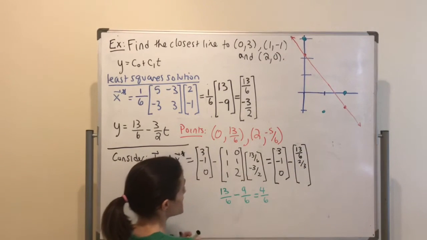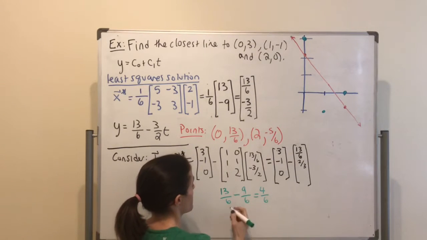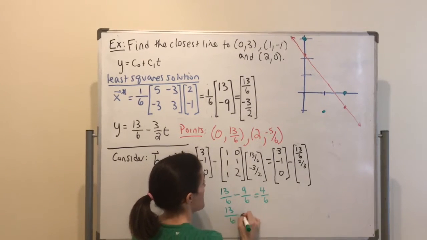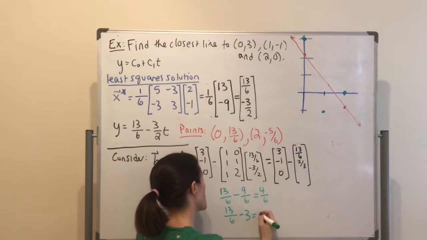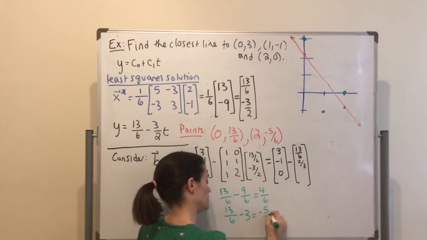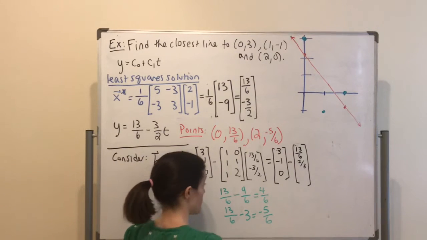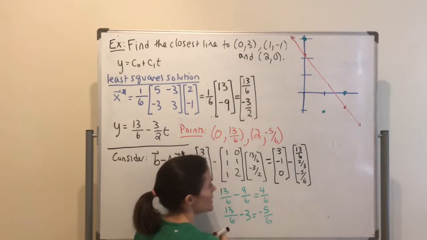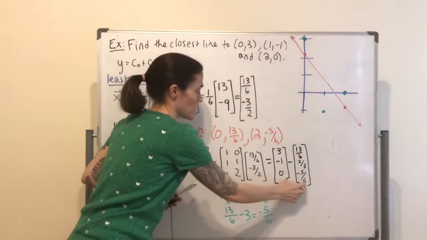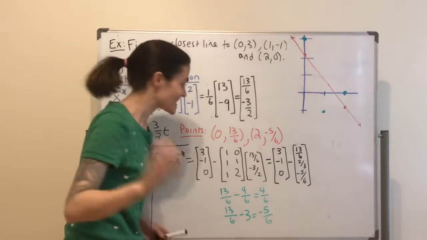And then the last one, we have 13 over 6 minus 3. Oh, we calculated this one already. This was minus 18 over 6, negative 5 over 6. Okay, very nice. That wasn't too bad. So this is the vector A times x star.